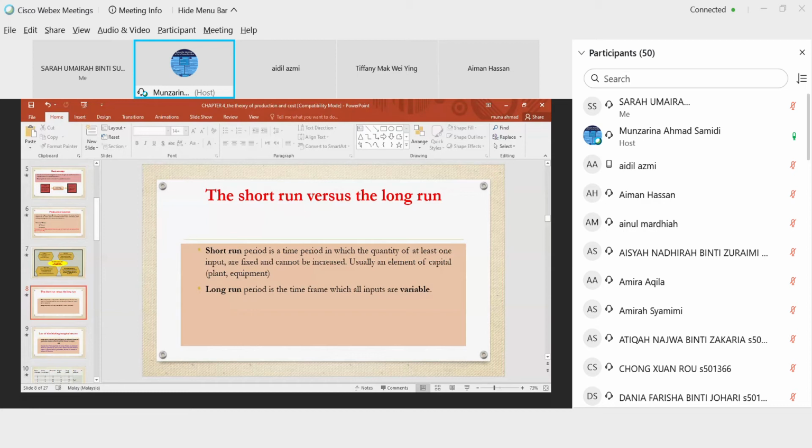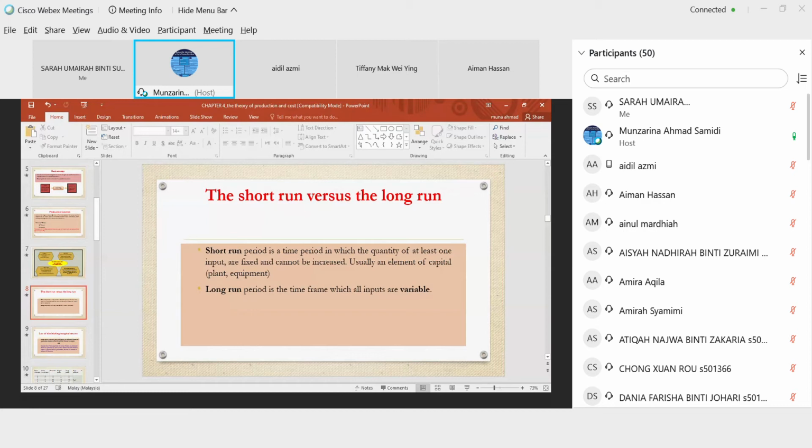Your variable inputs could be the bananas that you need to fry, the cooking oil, and the people who do the frying, the labor. Okay.